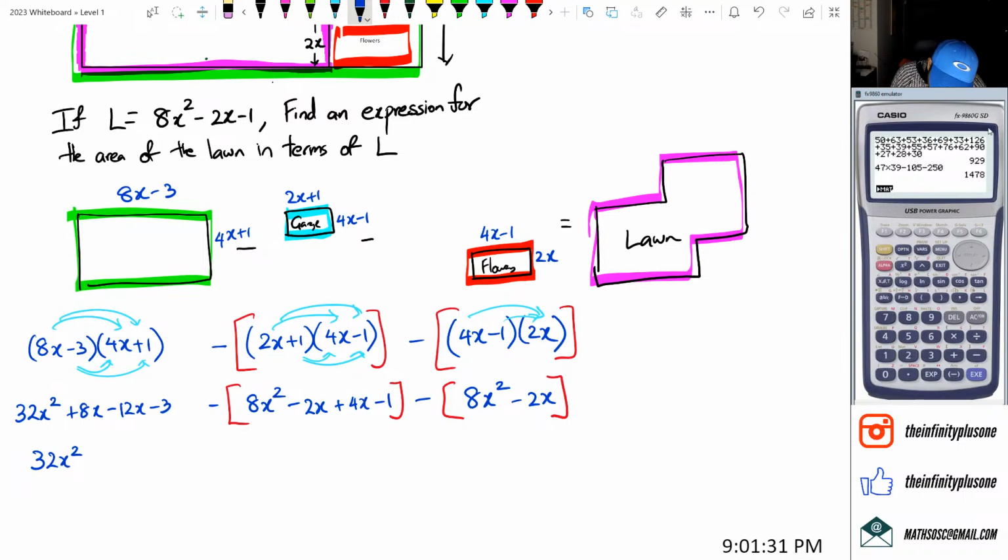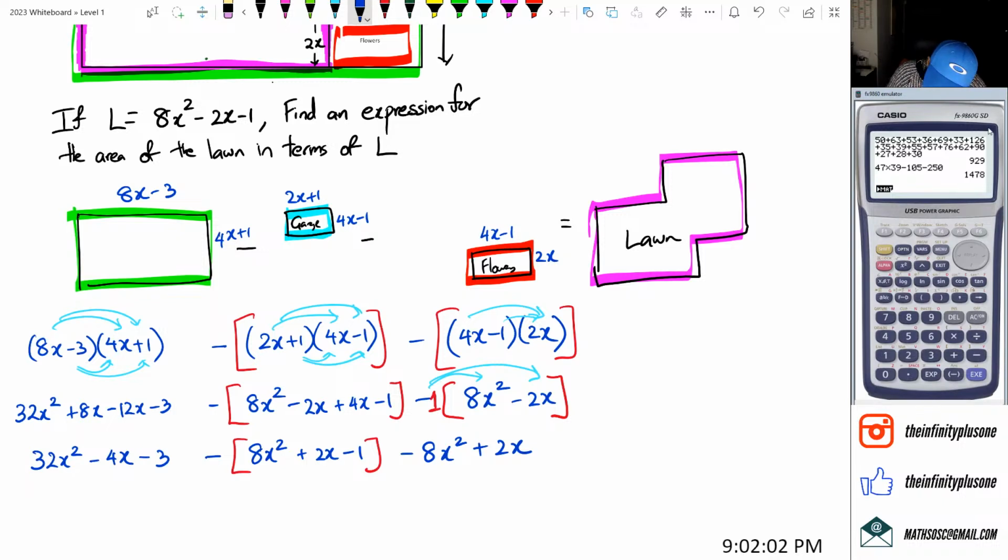I've got 32x squared minus 4x minus 3 minus, and I'm still keeping everything inside the red bracket for this one anyway. I'm going to get 8x squared plus 2x minus 1. This red bracket, I'm going to actually take it out, because remember there's a negative 1 in front of it. So I have to multiply negative 1 with 8x squared and 2x, which gives me minus 8x squared minus 2x.